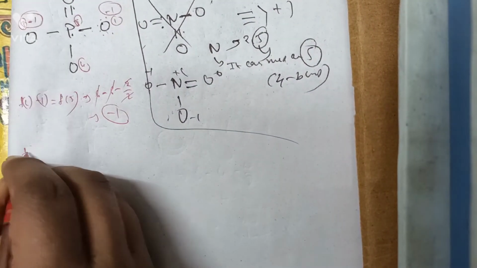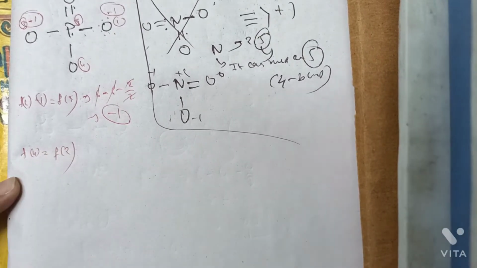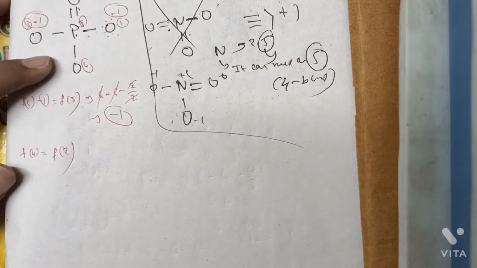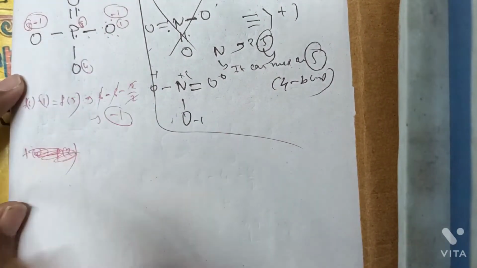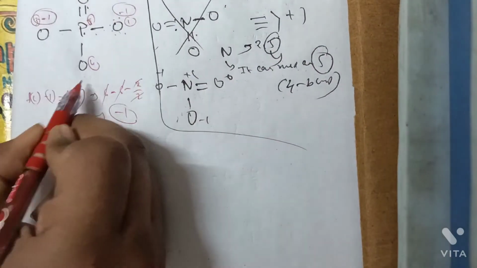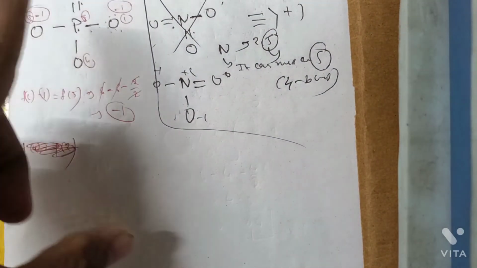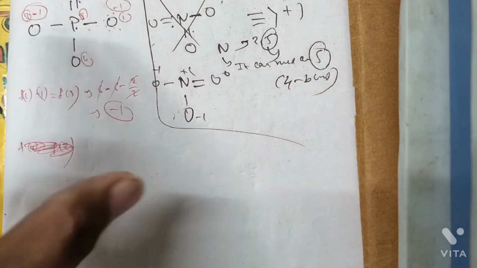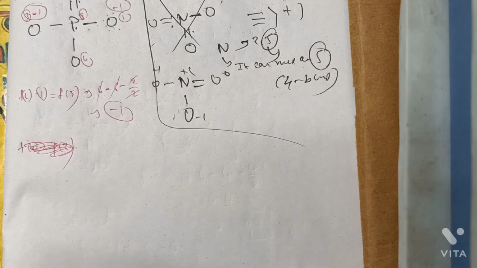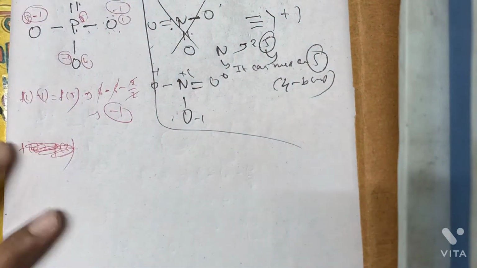The formal charge for 4 is equal to the formal charge for 2. Sorry, my mistake. Formal charge for 1, formal charge for 3, and formal charge for 4 are the same, because they all have a single bond and 6 lone pair electrons. That means for this also it will be -1.